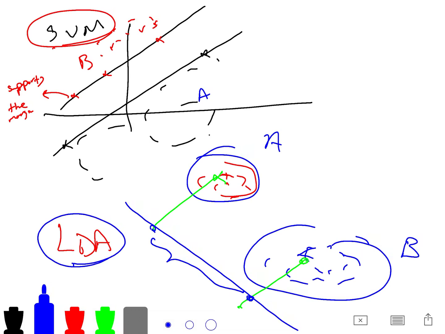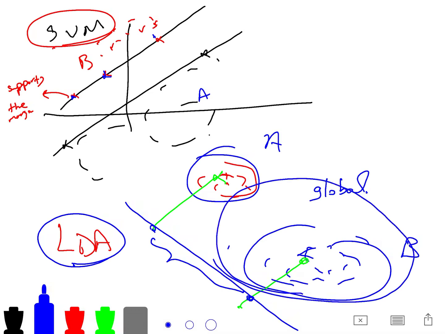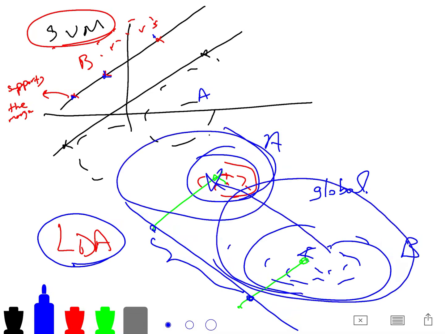You don't care about those points which are on the margin. So you can say it's a kind of global approach. It doesn't care about some difficult points. There could be some overlap as well, but the distance between the means is maximized as much as possible.